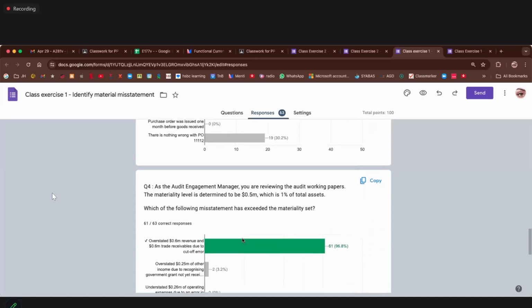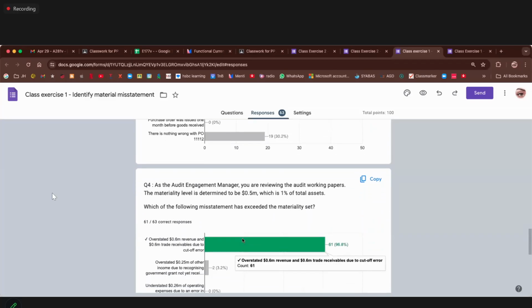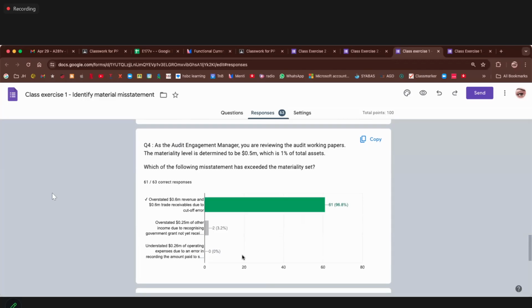Next question, all right? We test you on materiality. As the audit manager, you are reviewing the audit working papers. The materiality level is determined at 0.5 million, which is 1% of total assets. Which of the items exceeded the materiality level? This one is simple, because I set it at 0.5, and the amount that is overstated is 0.6. This one is below, 0.25. This one is 0.26. All right, so this is very direct.